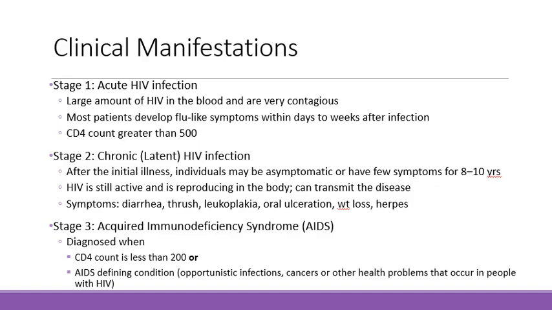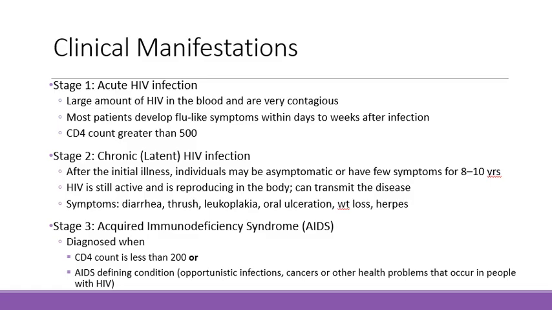So stage 1 is active HIV infection. There's a large amount of HIV in the blood, and the person is very contagious. Most patients develop flu-like symptoms within days or weeks after they've been exposed to HIV. So they can have fever, fatigue, malaise, night sweats, weight loss, dry skin, and rashes.